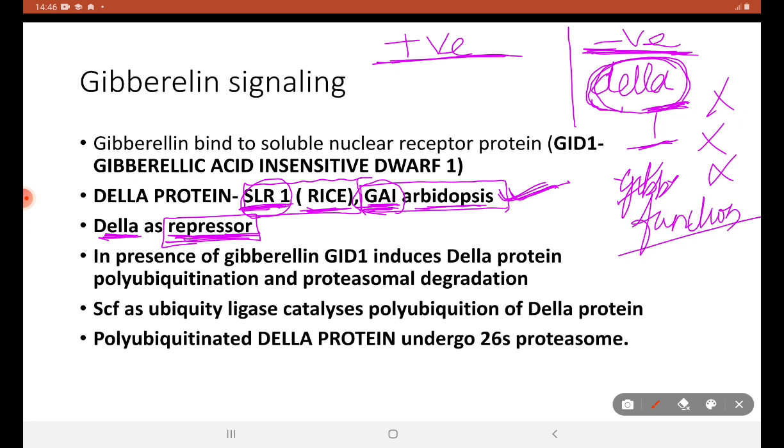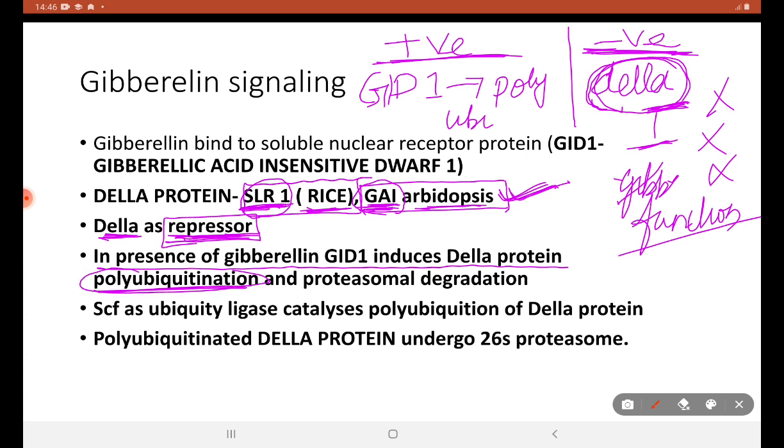What will happen in the presence of gibberellin? In the presence of gibberellin, gibberellic acid insensitive dwarf 1 induces polyubiquitinylation of DELLA protein. What is polyubiquitinylation?